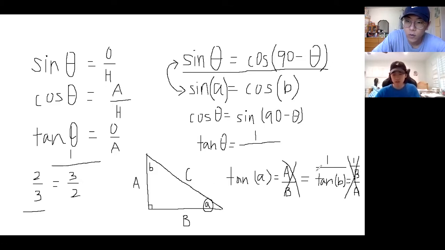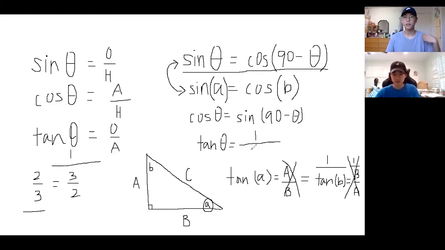Tangent of A equals 1 over what? 1 over tangent of B. Okay, so tangent of theta equals 1 over tangent of B. Oh wait, I don't want B in this equation. I only want theta in this equation. That's why I'm using theta and 90 minus theta, remember? 1 over 90 minus beta?